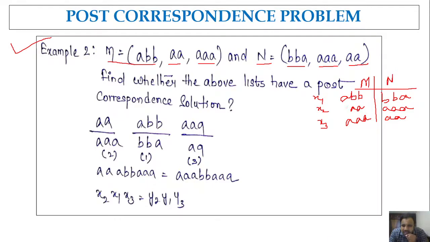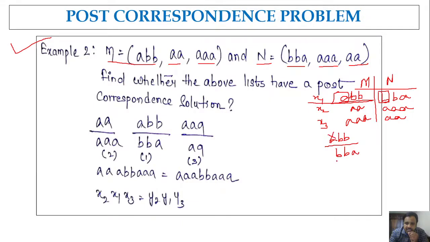Let me start here. I couldn't start with x1, because if I take x1, the first symbol will be A, and the first symbol in the second list will be B. So there is a mismatch. If I take x1 in the numerator part as the first string, in the denominator part I will get y1, BBA.